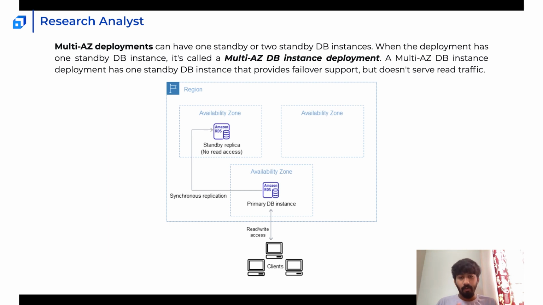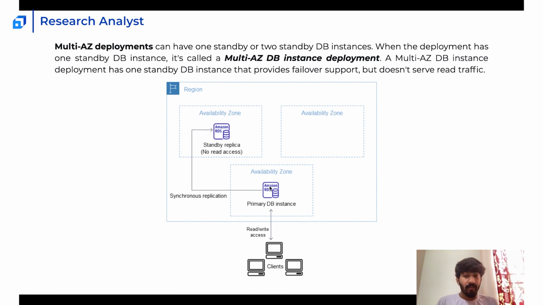Now let's assume that this particular availability zone is not available. There's a standby replica, right? This replica will start working. If there is trouble here, it will fail over to this database instance, and any connection which is coming in will go to this database instance.